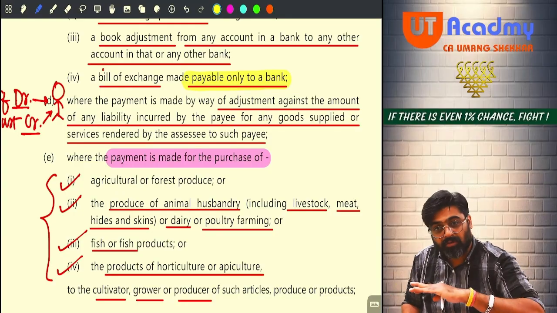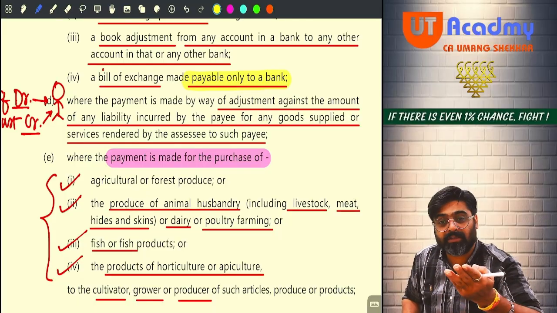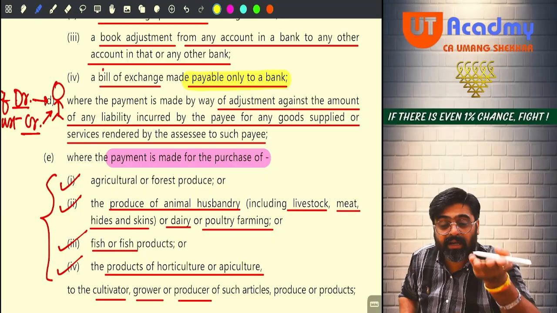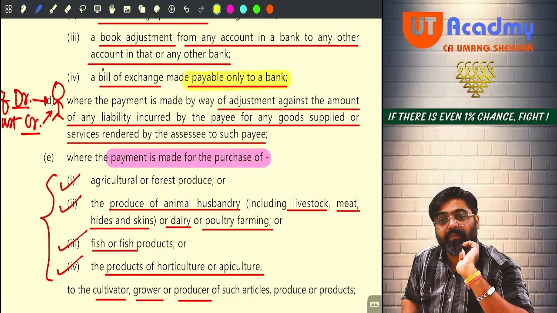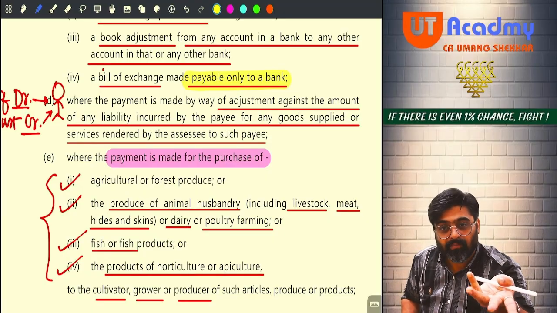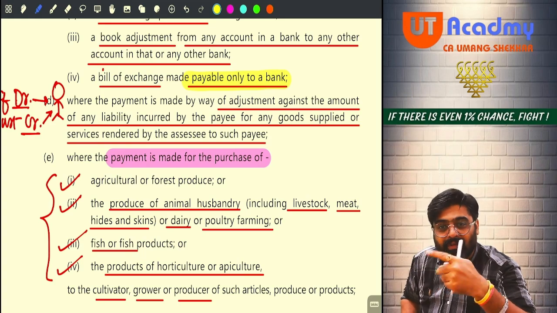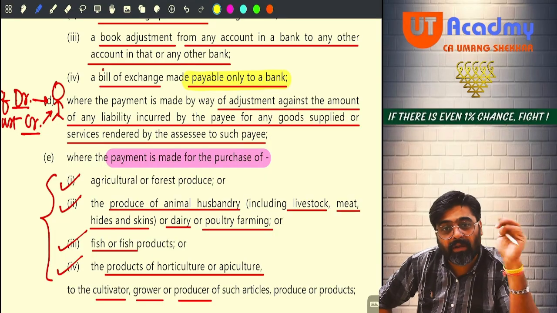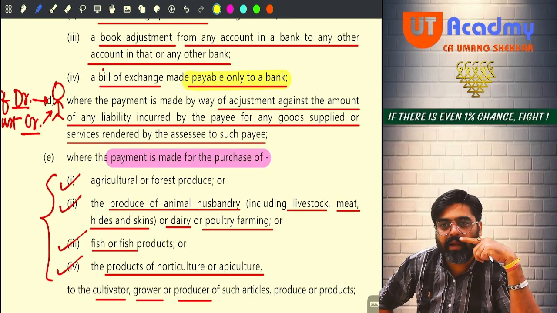So whatever debtor is utilized to be adjusted against that expense, is that much payment made by the prescribed mode? No. But it is made through book entries. Then also it is okay. Then also 48.3 will not be attracted.